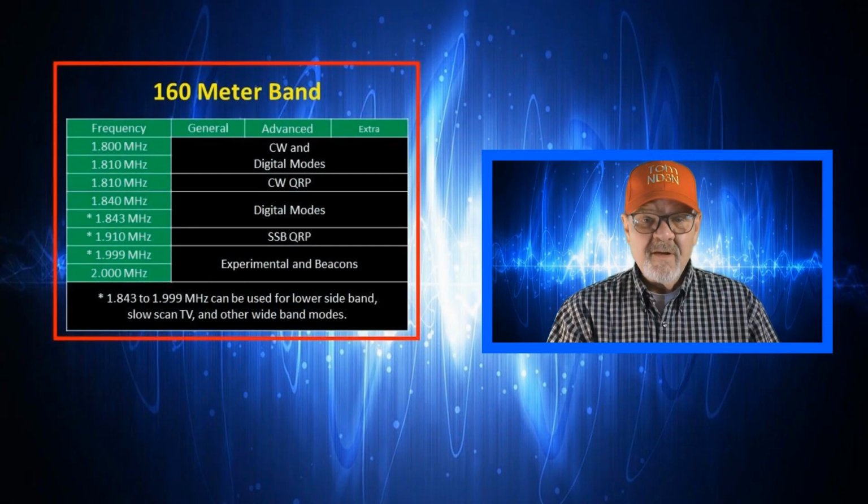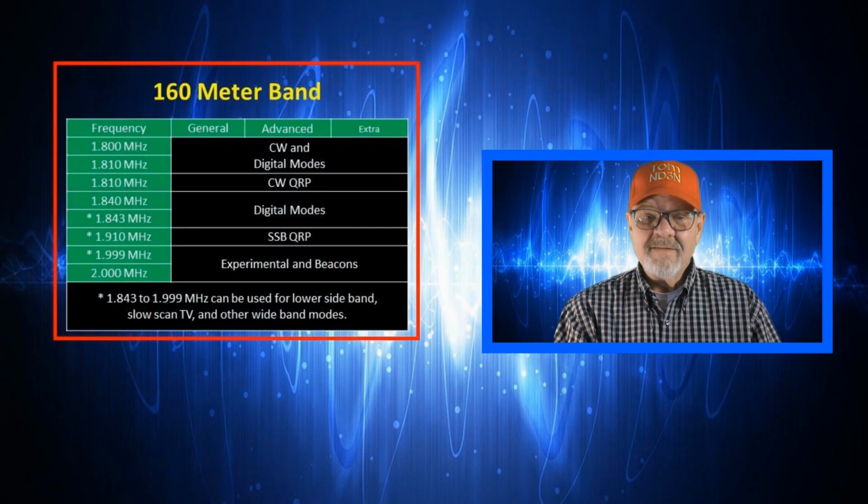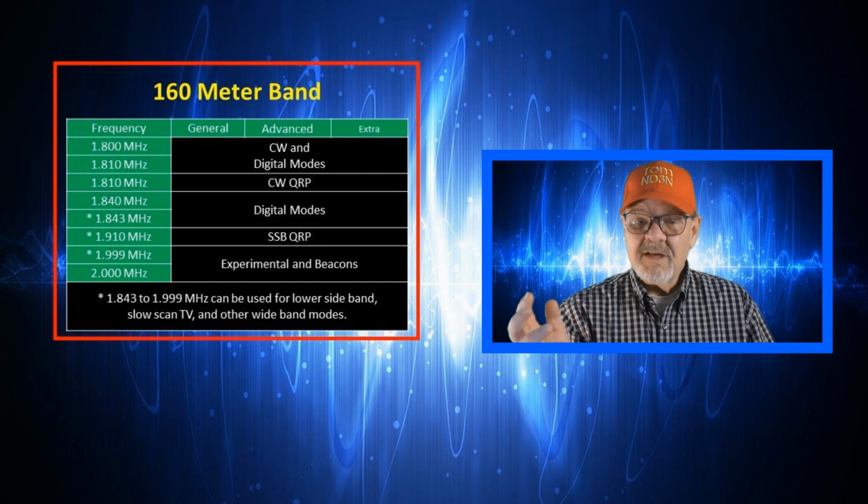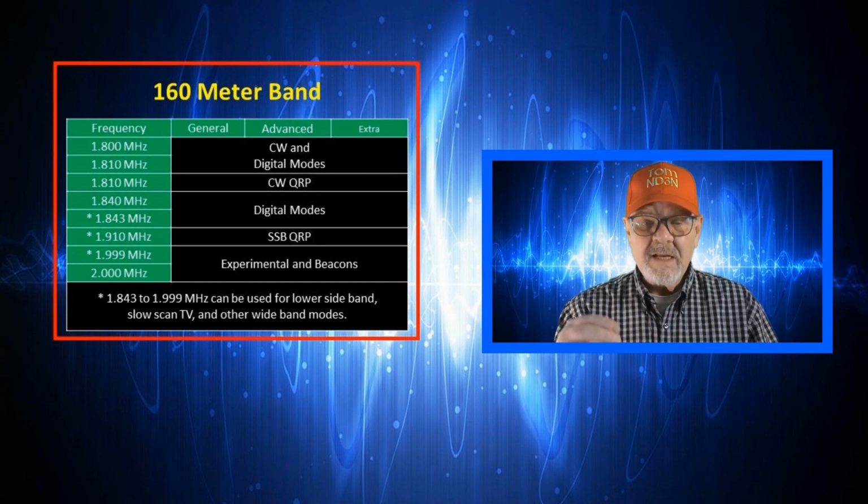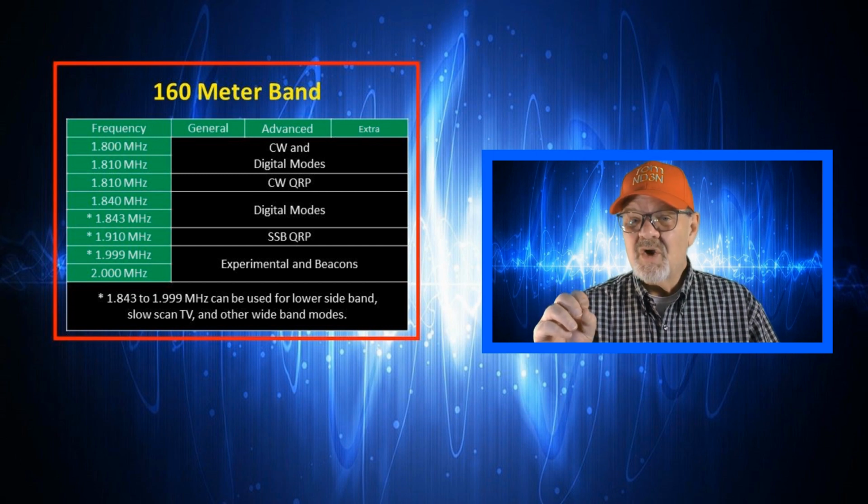The 160 meter band is allowed for license classes general and above. The band plan allows CW operations from 1.8 to 2 megahertz, with digital modes from 1.8 to 1.81 megahertz, and CW QRP at 1.81 megahertz.